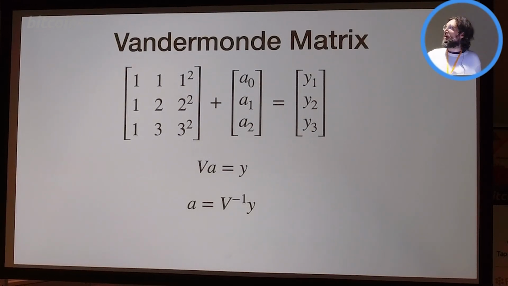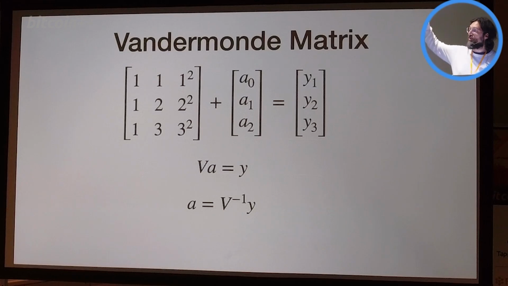So we have this way of expressing a polynomial in a matrix where the first row is the x values at x equals 1, the second row is the x values at x equals 2, third is for x equals 3. And you can see that when the matrix multiplies the coefficient vector, A0, A1, A2, that equals the shares.